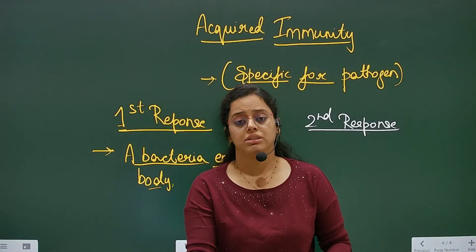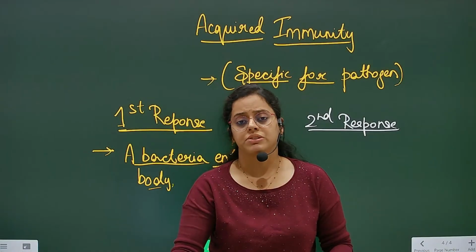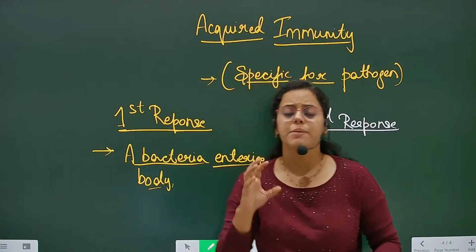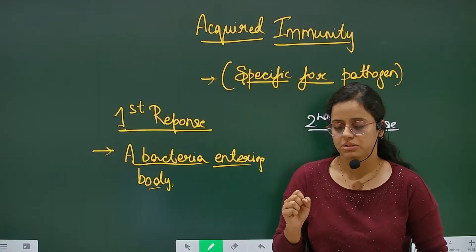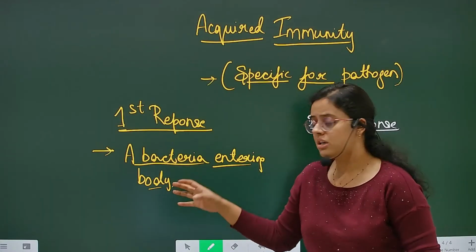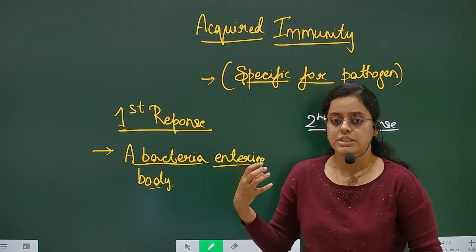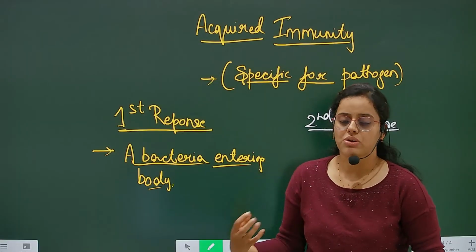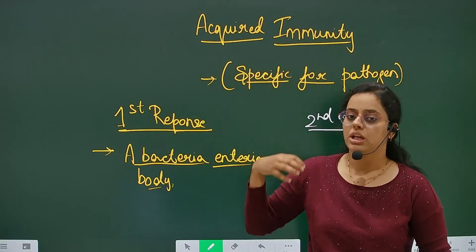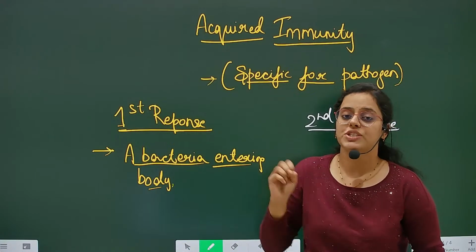Diphtheria, tuberculosis, leprosy, all these are different types of bacterial infections, right? They cause certain immune reactions, because when they enter the body, the immunity inside the body will respond.